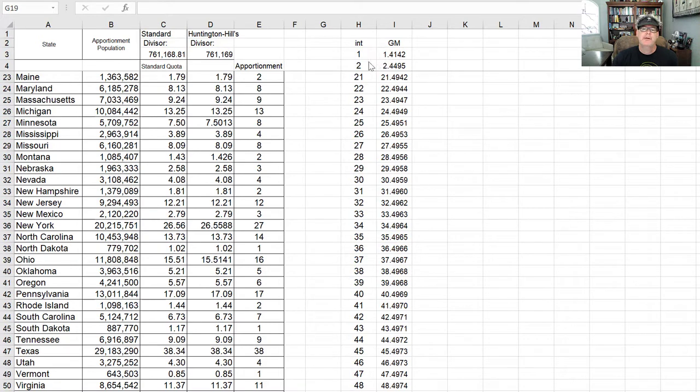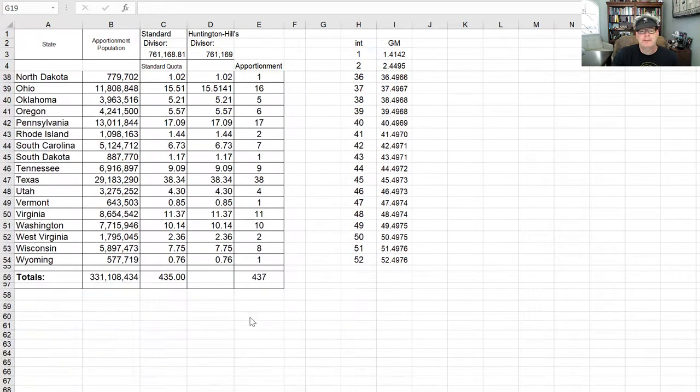So you can see like 1, I round up if I'm above root 2 or 1.414, and there's a couple of small states here. We've got Rhode Island, that actually rounded up, and Montana also rounded up. So that gave us 437.